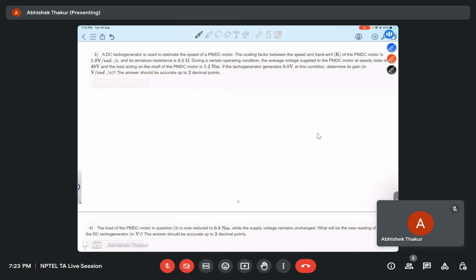Now we will move to the third question. A DC tachogenerator is used to estimate the speed of a PMDC motor. The scaling factor between the speed and back EMF constant K of the PMDC motor is 1.9 volt per radian per second, and its armature resistance is 0.5 ohm.